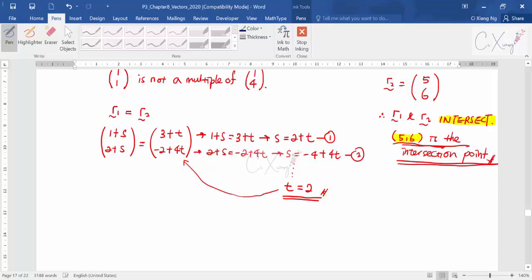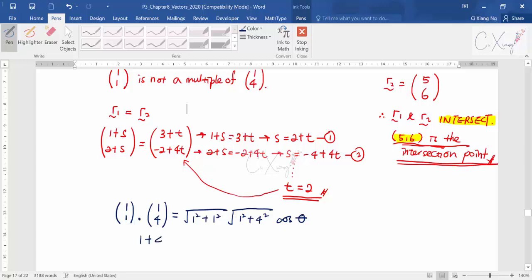You want to use P dot Q. So P dot Q means (1, 1) dot (1, 4), which equals modulus P, meaning square root of 1 squared plus 1 squared, multiplied with modulus Q, which is square root of 1 squared plus 4 squared, and then cos theta. So 1 times 1 you get 1, 1 times 4 you get 4, divided by square root 2 and also square root 17, and it equals cos theta.